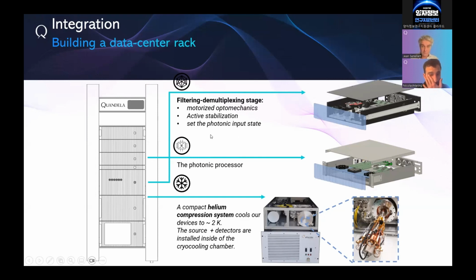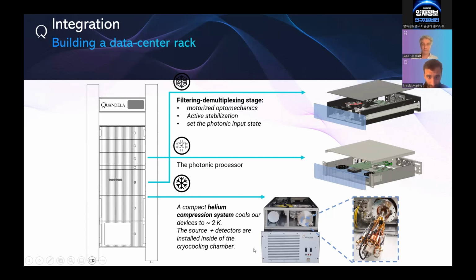And so we have several drawers there where you can recognize here a photonic processor, the filtering and demultiplexing stage. So we try to make everything more compact. We haven't finished the full work of compactness. Everything is not yet fully in photonic integrated circuits, but still these are very stable optoelectronics modules that are in this 19-inch rack standard.